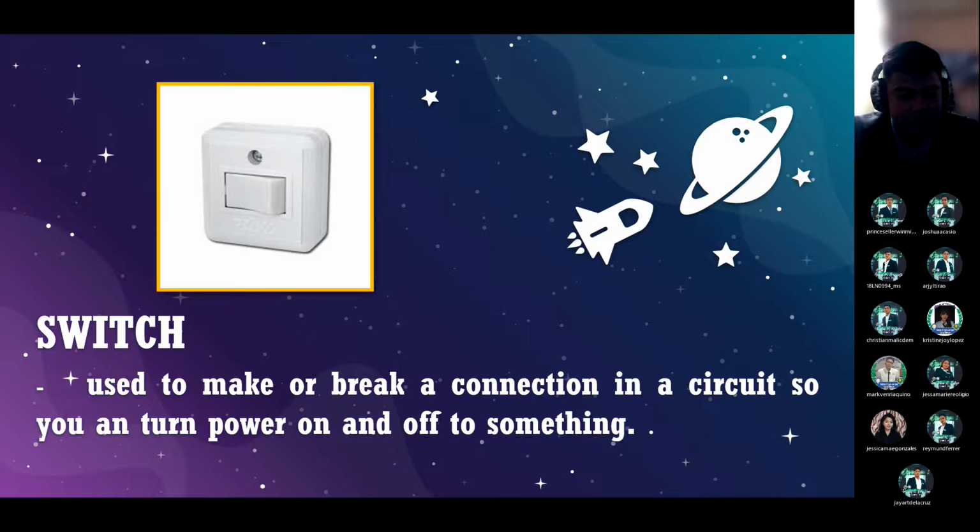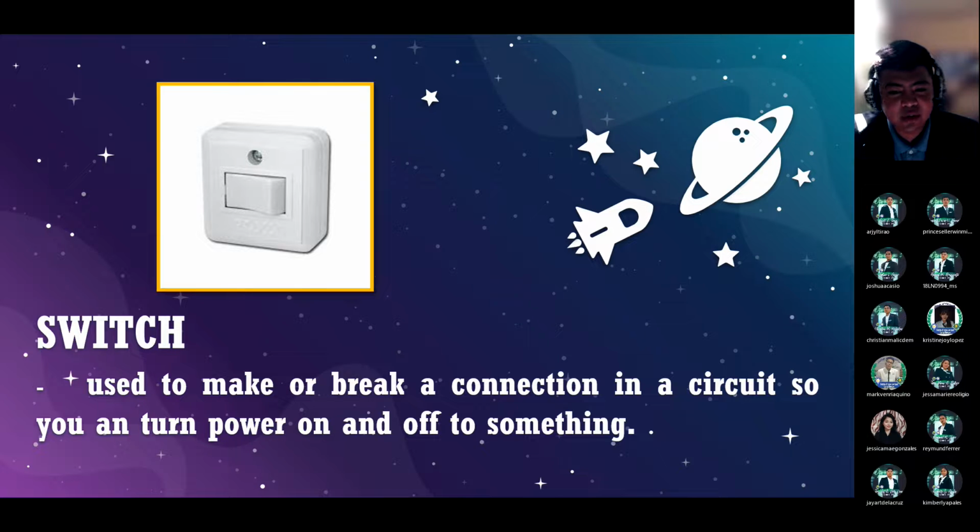Okay, next. Next is switch. Kindly read, Mr. Argil. Switch: used to make or break a connection in a circuit so you can turn power on and off to something. Okay, thank you, Mr. Argil. So, electrical switches are used to perform all the electrical functions.